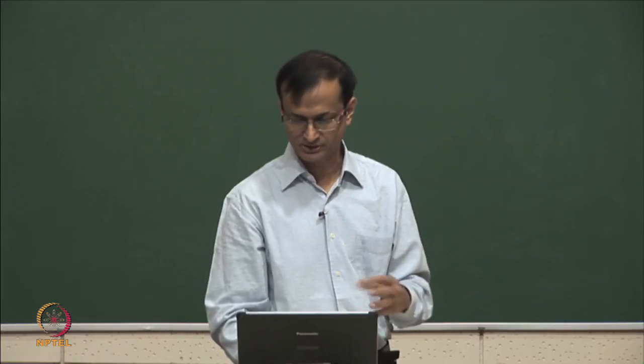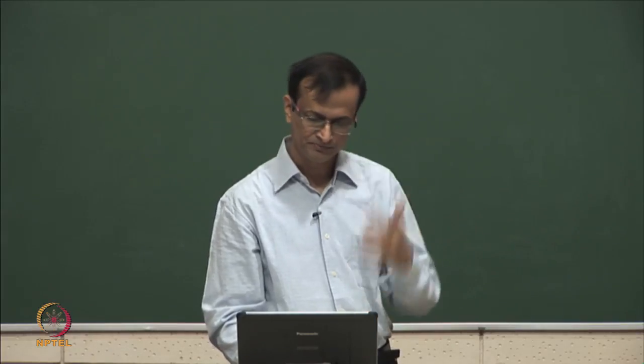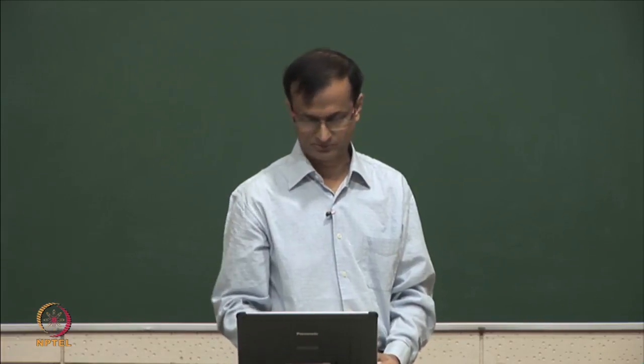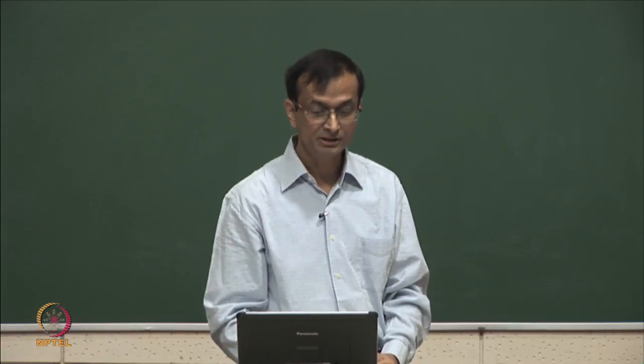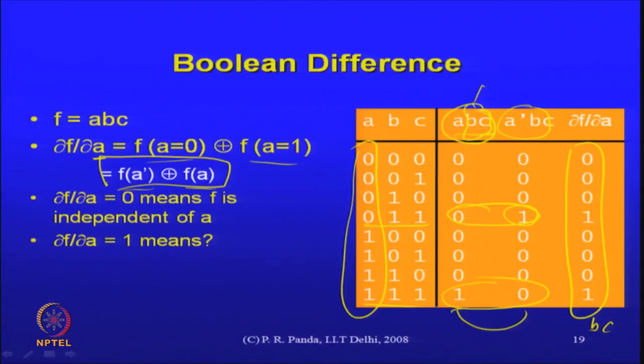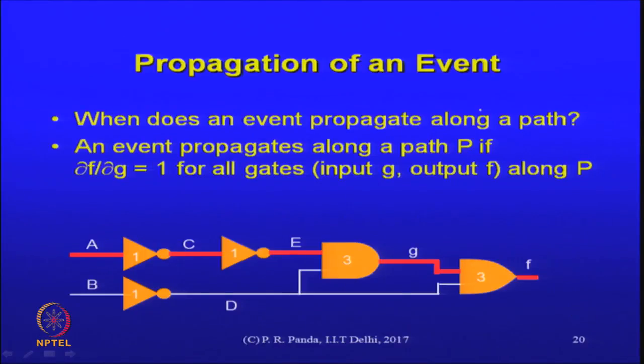There too, in the analysis with respect to let us say power estimation, or even when you do power optimization, such a concept is useful in the theoretical formulation. Okay. But remember that is the Boolean difference, we will use it in one context here.